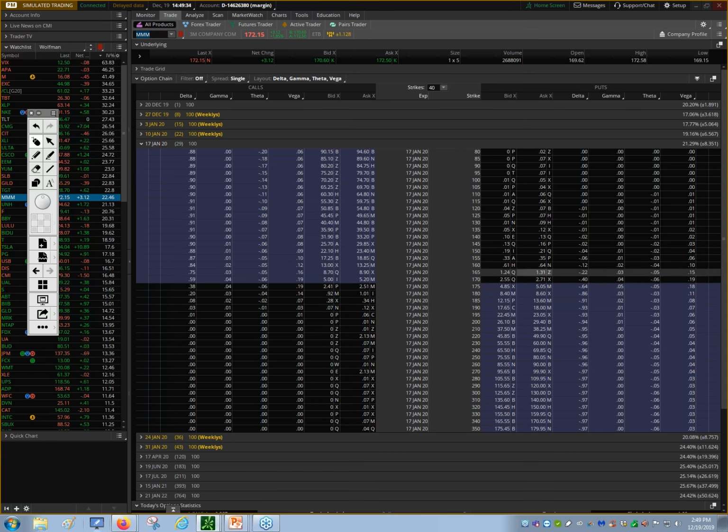So if the market goes up by $1, these are going to decrease by 22 cents. Oh, so 125 minus 22 is $1.03. What did I say? Did I say 97 cents? If I did, I'm sorry.